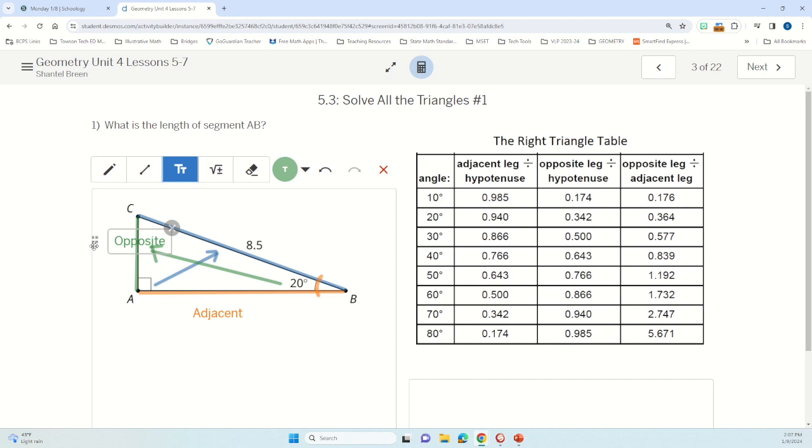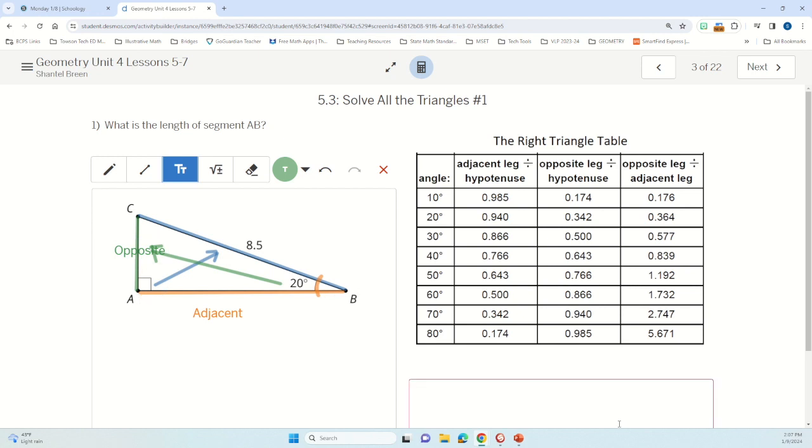So now we know that if we divide adjacent by hypotenuse for a 20-degree angle, we will get this quotient, 0.940. Okay, so I can use this table to help me identify the length of AC and the length of AB.